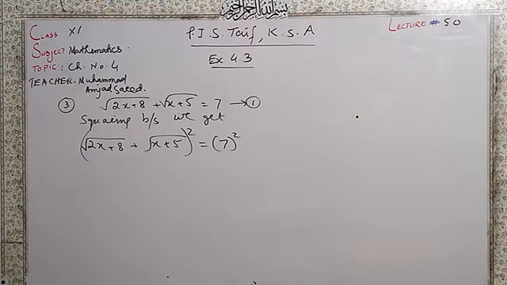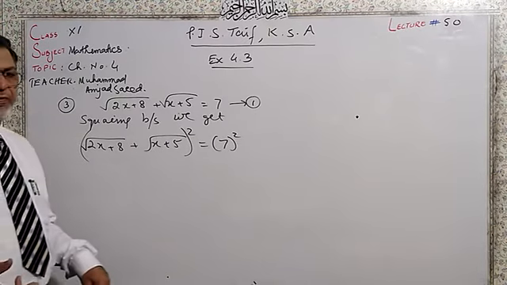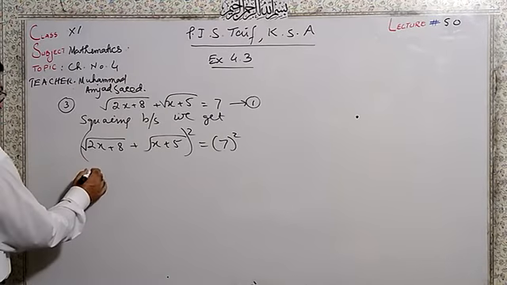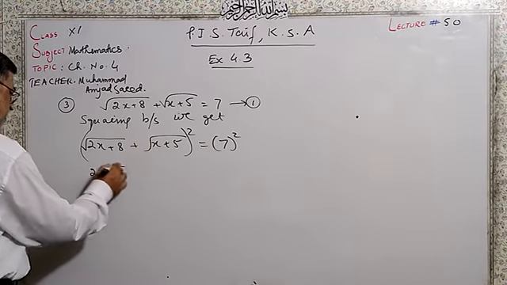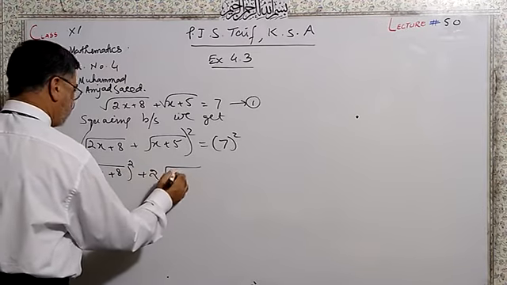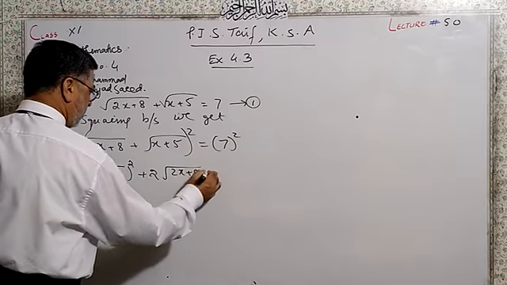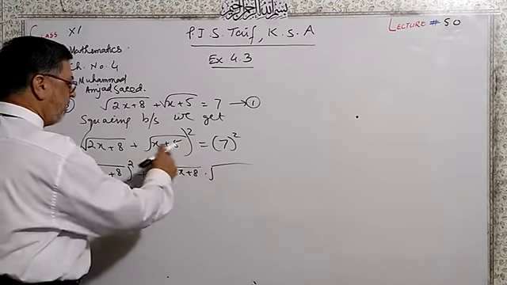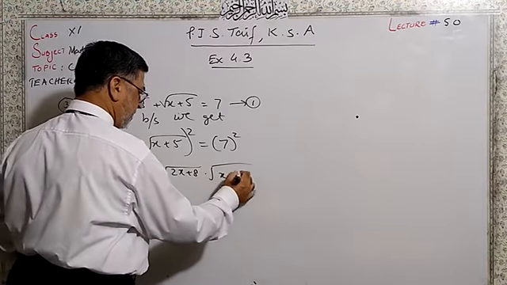Dear students, solution of a radical equation means to find the values of the variable. Here we use the formula for a plus b whole square, a square plus 2ab plus b square.